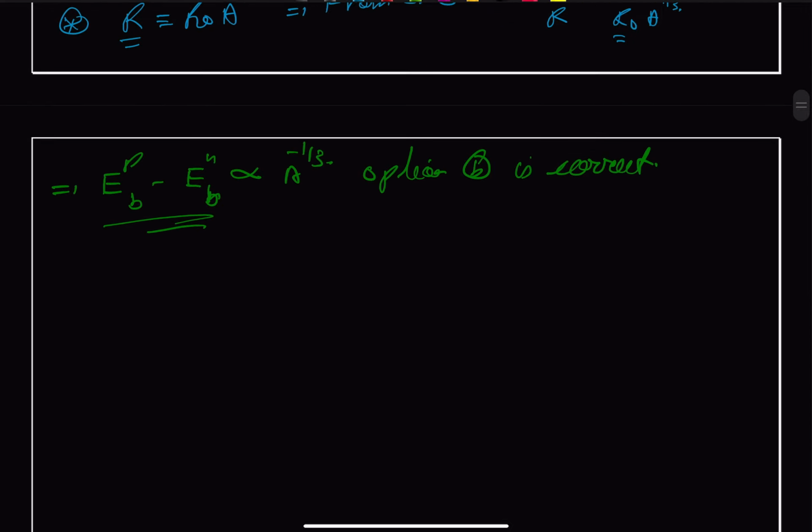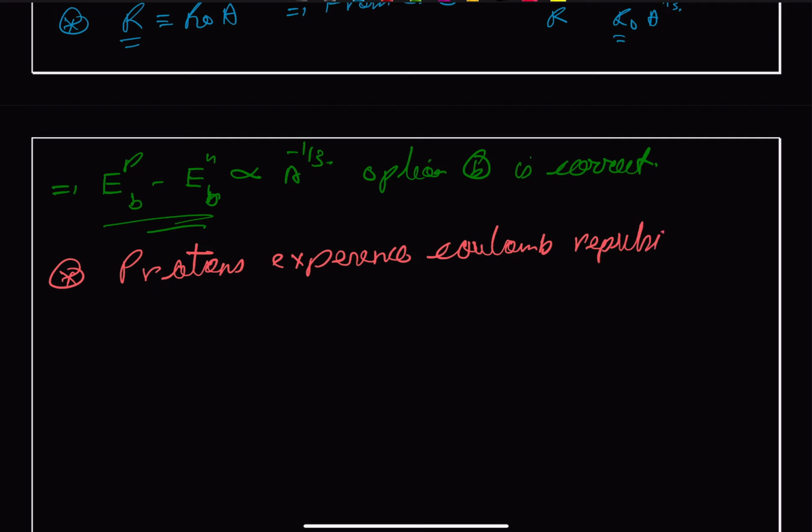We can say that protons experience Coulomb repulsion, which reduces their binding energy compared to neutrons.